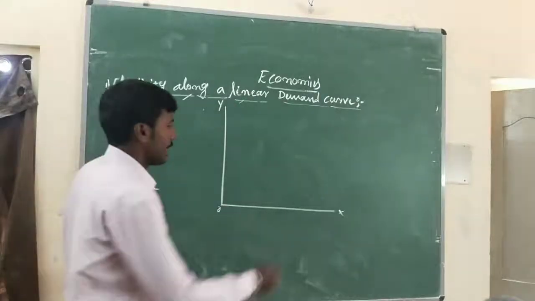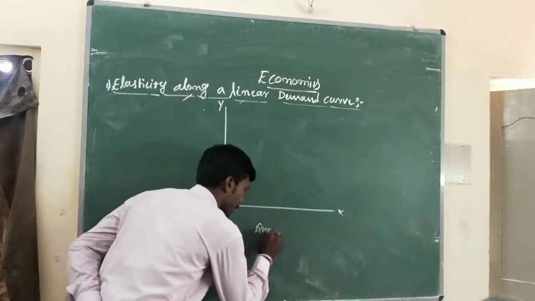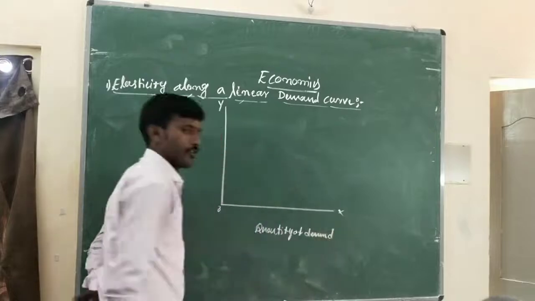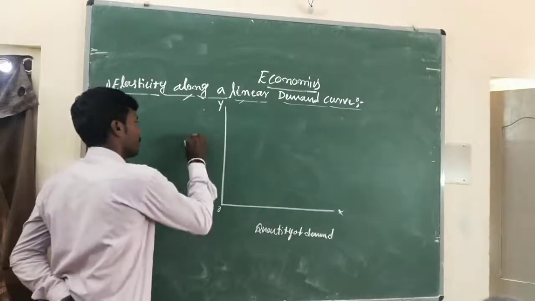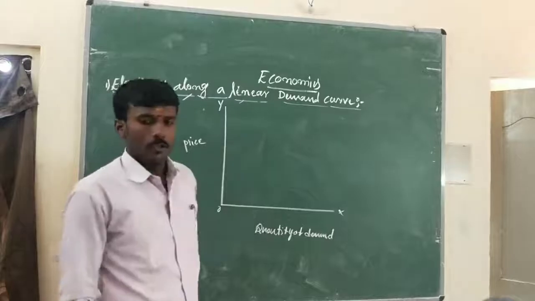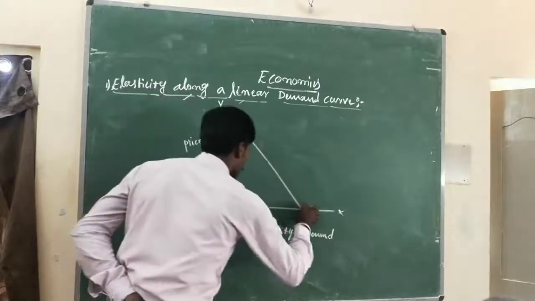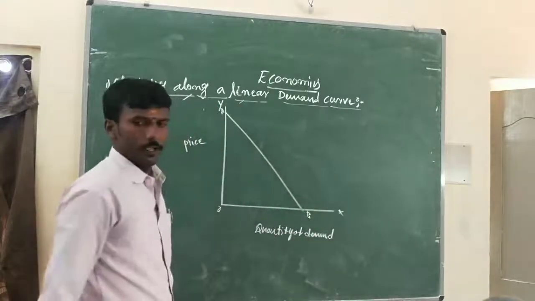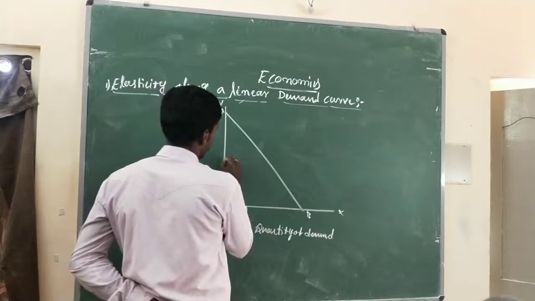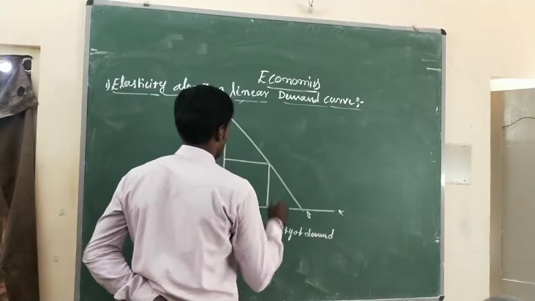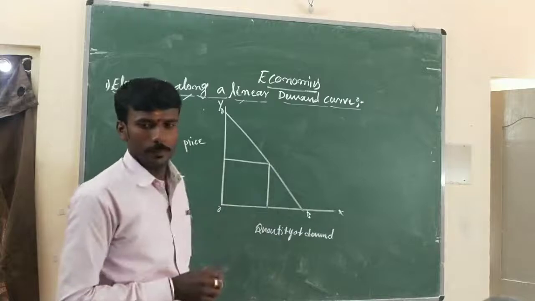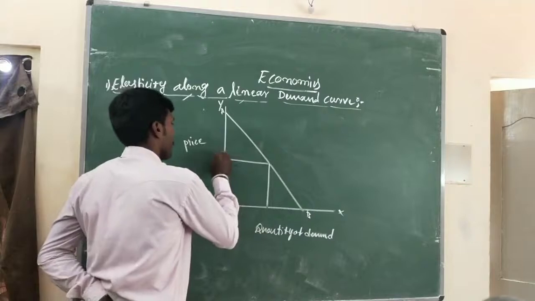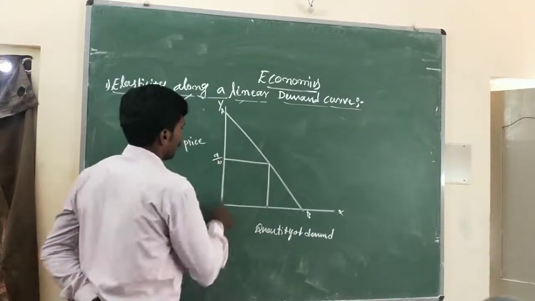The x axis represents quantity of demand, and the y axis represents price. Now this is about A and B. Zero, A bar B, yeah.